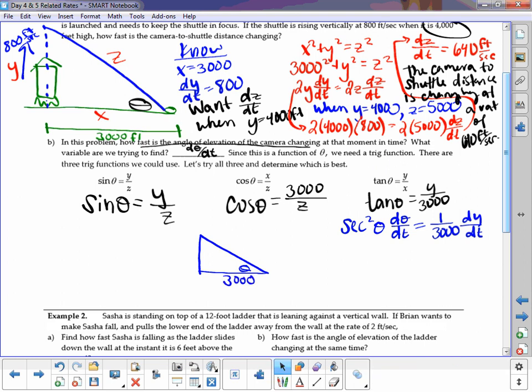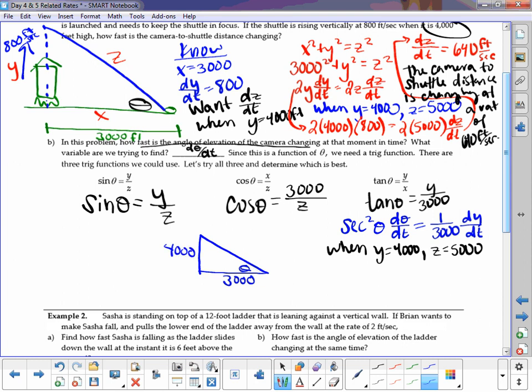What point in time are we looking at? That same moment, when y is 4,000 and z is 5,000. We already did that work. So we're pausing at that moment in time.